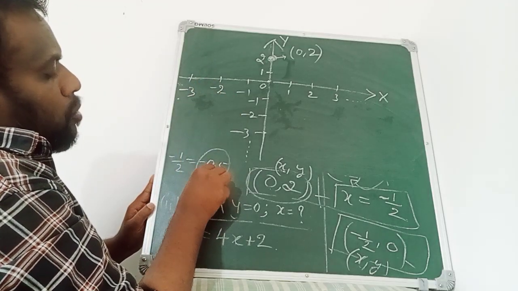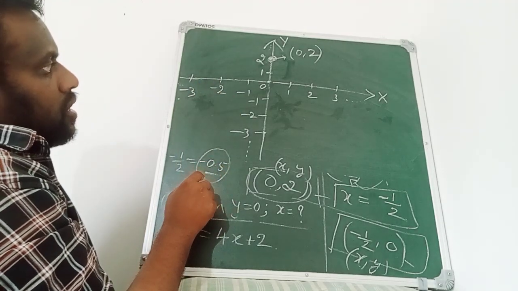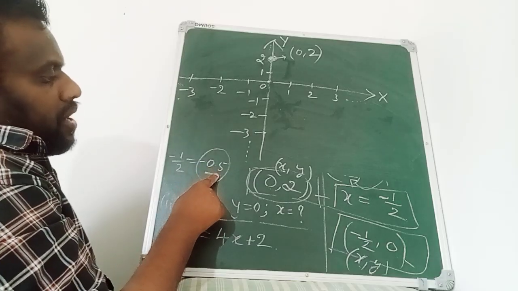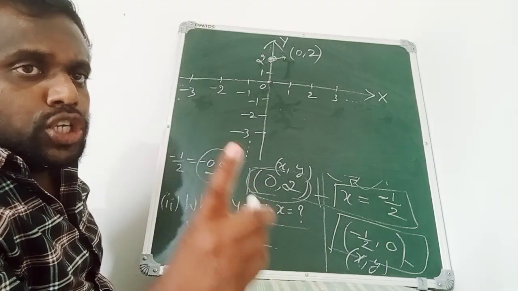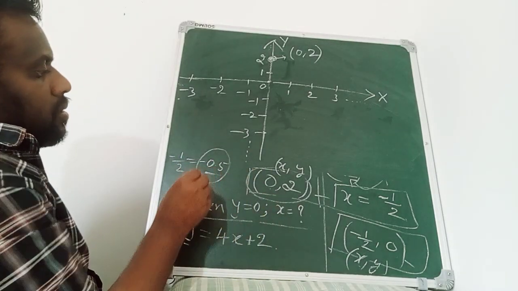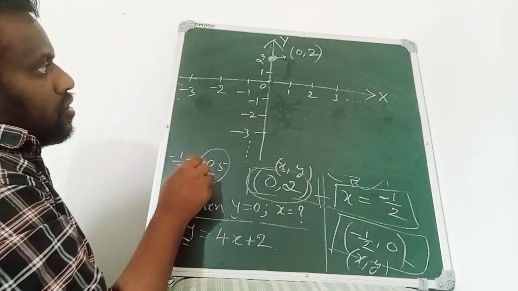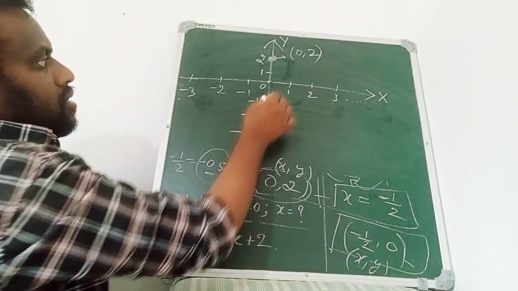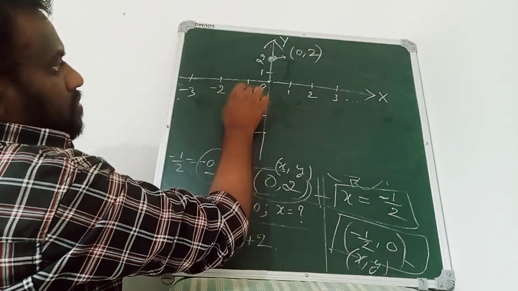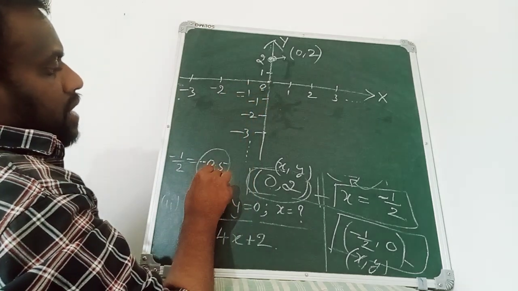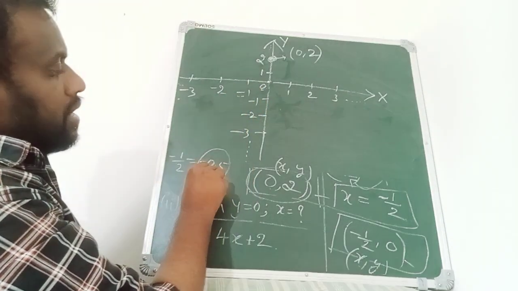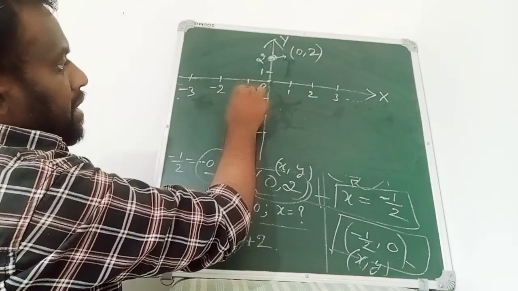Next 0.5, where does it come? 0.5 lies between 0 and 1. And since it is minus, so between 0 and minus 1. So here 0 and here minus 1. So this comes exactly at the middle of this 0 and minus 1.